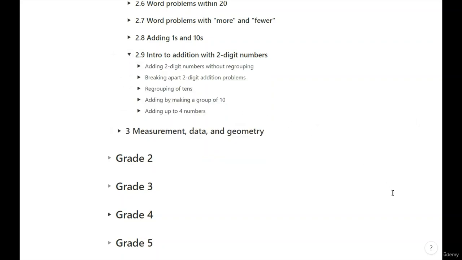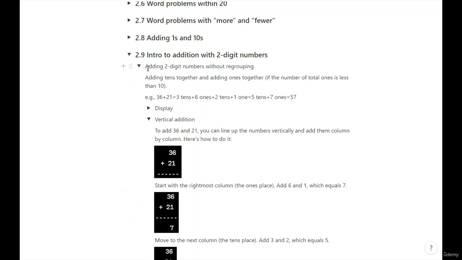2.9 is about an introduction to addition with two-digit numbers. The first is adding two-digit numbers without regrouping. We just need to add tens together and then add ones together, if the number of total ones is less than 10.